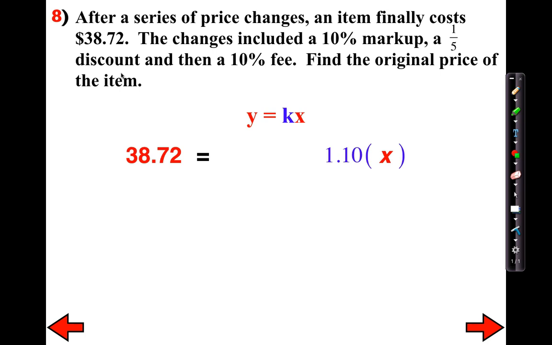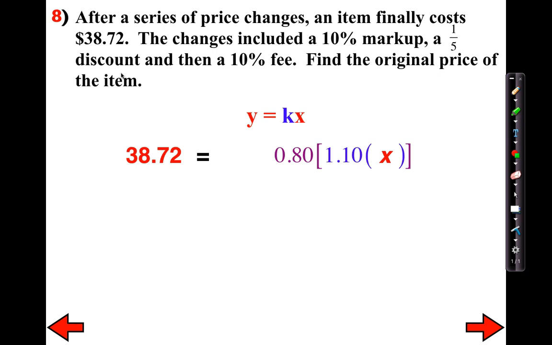But more happened to it. Then there was a 1/5 discount. Well, if it's a 1/5 discount, that means how much were you spending? Well, 1/5, if you remember from previous examples, is 20%, which means if you are saving 20%, that means you are paying 80%. So we're going to multiply that whole thing by 80%, which is 0.80.